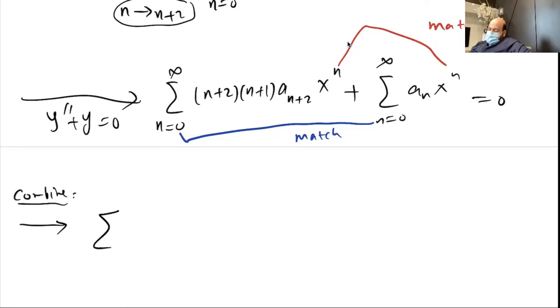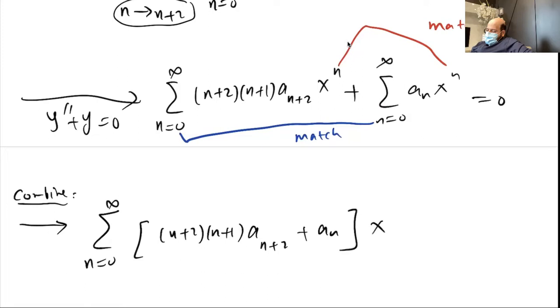And write it as one sigma in the form n from 0 to infinity, (n plus 2)(n plus 1) a_(n+2) plus a_n times x to the power n equals 0. See, if these powers didn't match, I could not have simply added the coefficients.